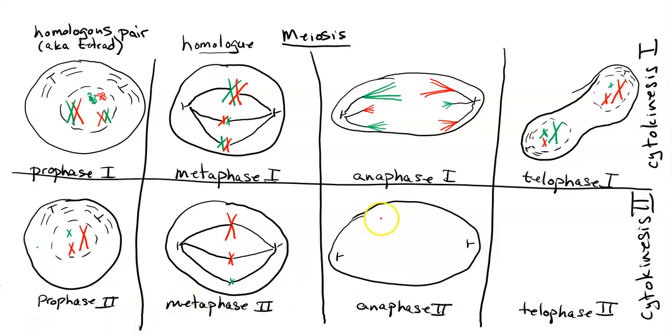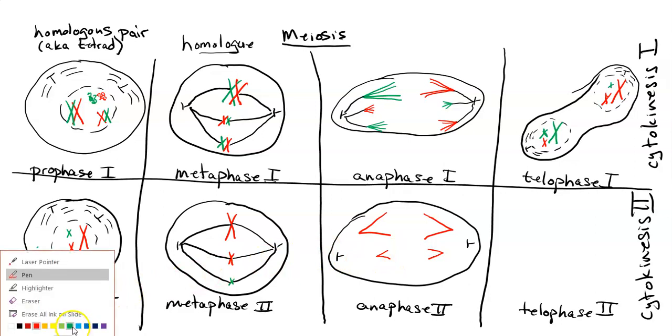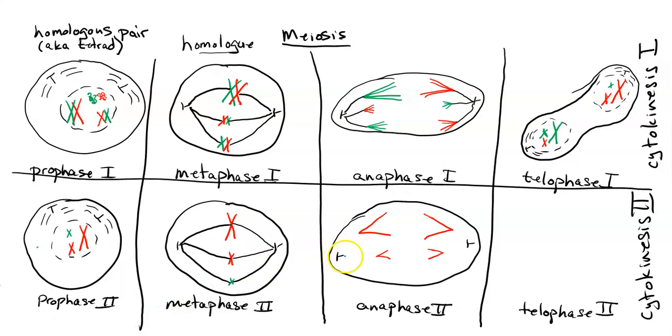And we actually separate the sister chromatids into single chromatids. That is incorrect. We separate the sister chromatids into single chromosomes. That is correct.